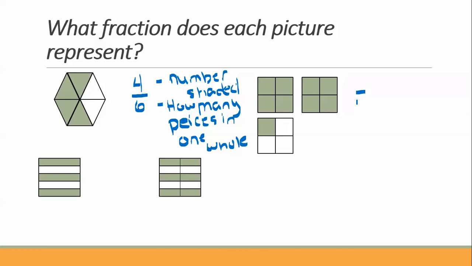So the denominator is 4. But now when we count our shaded pieces, we have 1, 2, 3, 4, 5, 6, 7, 8, 9. We have 9 shaded. When the numerator is bigger than the denominator, this is called an improper fraction.